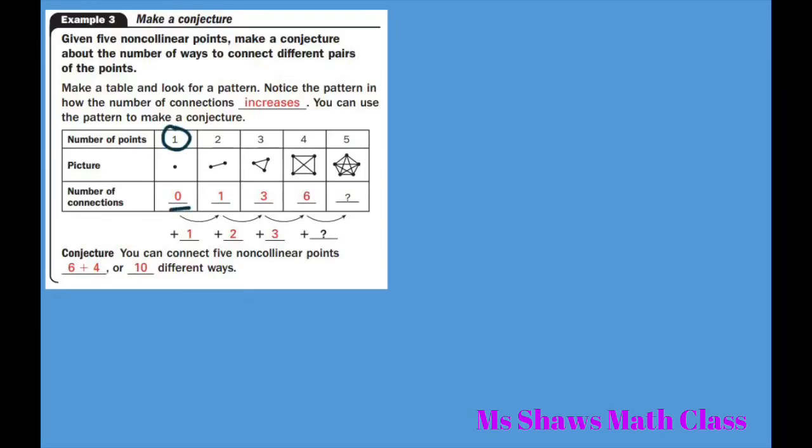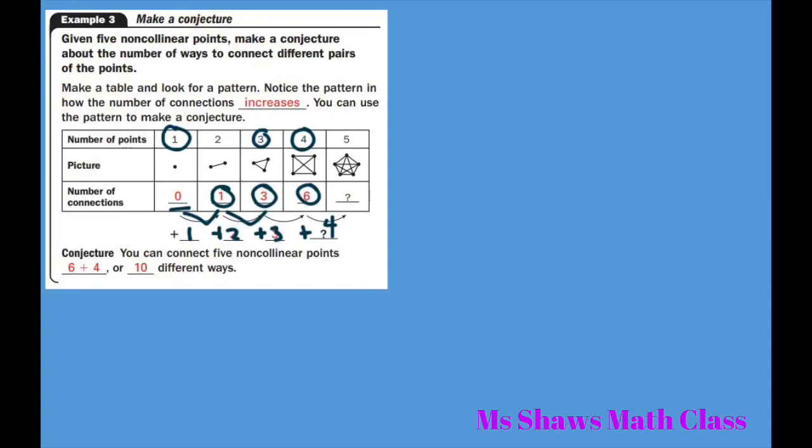At 2, we have 1. At 3, we have 3. At 4, we have 6. So we have to figure out 5. So if you look at your differences here, you get 1 plus 2 plus 3 plus 4.